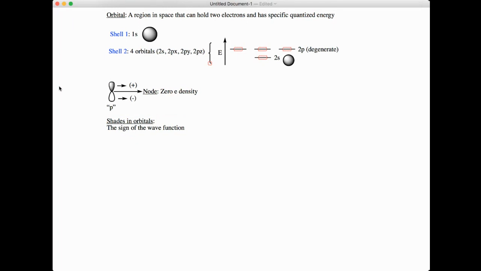So I also wanted to show you, in regards to this, I'll see if I can draw something here. For any p orbital, you also will have something we call a nodal plane, which I'm going to try to draw here now.